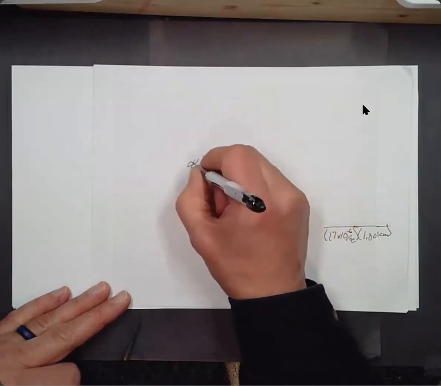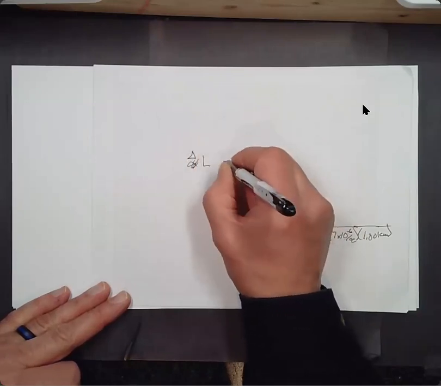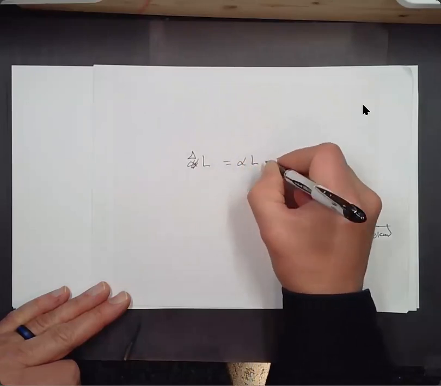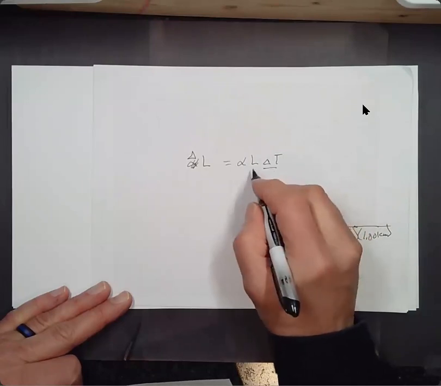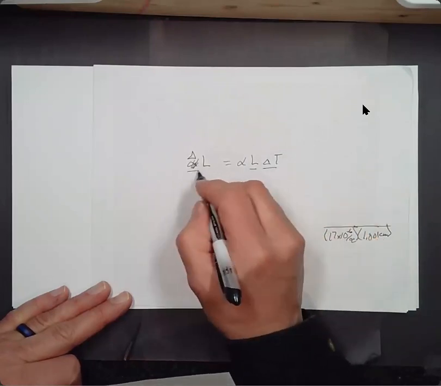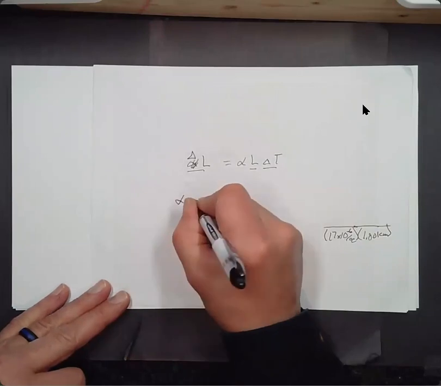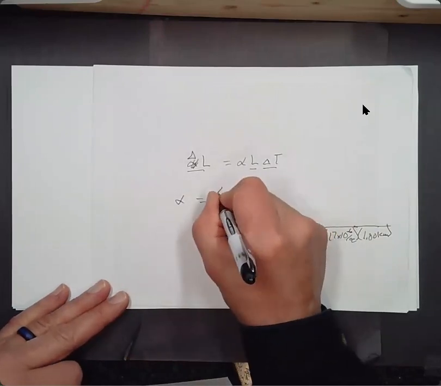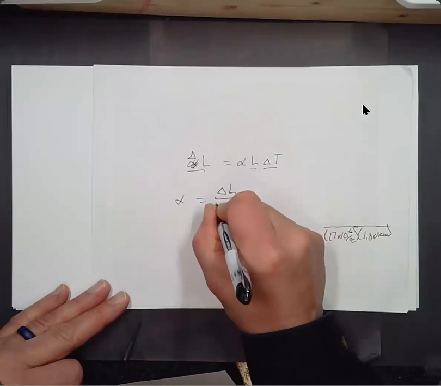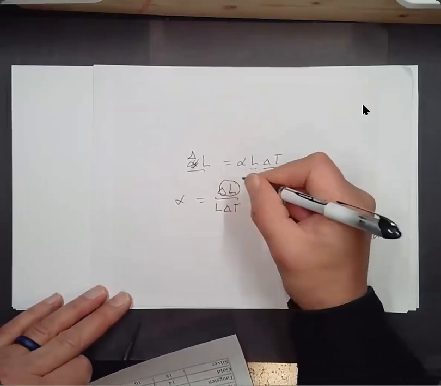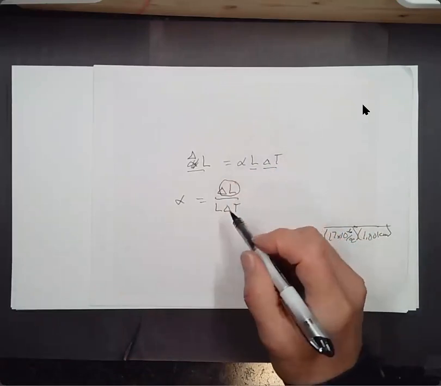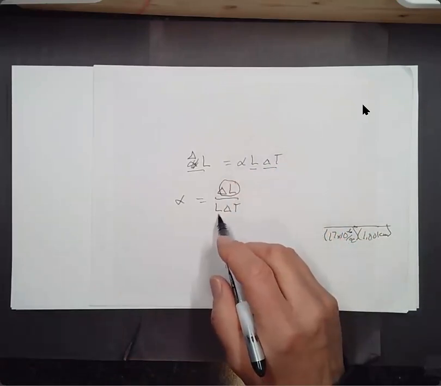Delta L equals alpha L delta T. We're measuring delta T, we can measure L, and we can measure delta L. So alpha will equal delta L over L delta T. Because we can measure this to within 1/100th of a millimeter, even though maybe we don't measure the length all that precisely, we can measure it to certainly 2 significant figures.